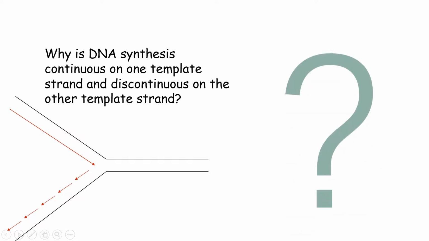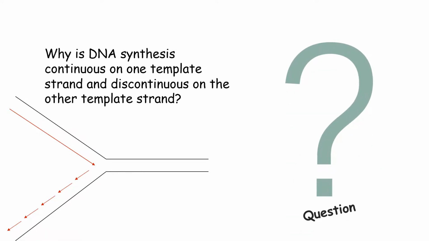So now we had a question. Why is DNA synthesis continuous on one template strand and discontinuous on the other template strand? I think it's because the DNA synthesis proceeds in the 5' to 3' direction only, yet both strands of DNA must be replicated and are oriented anti-parallel to one another.